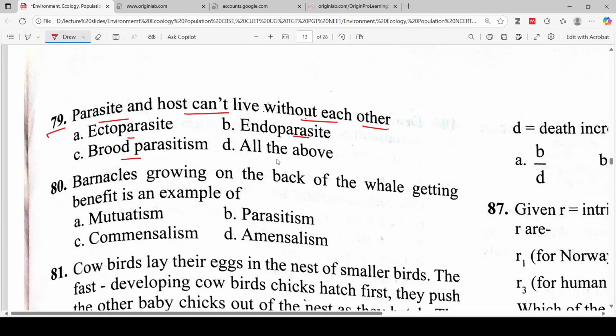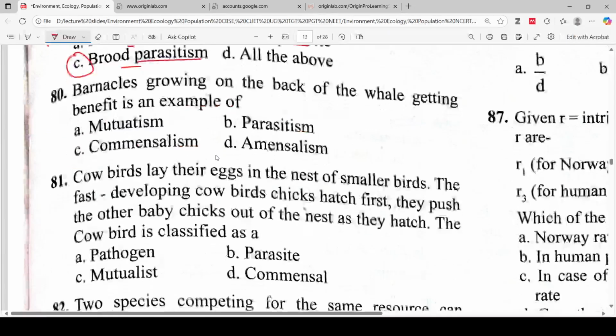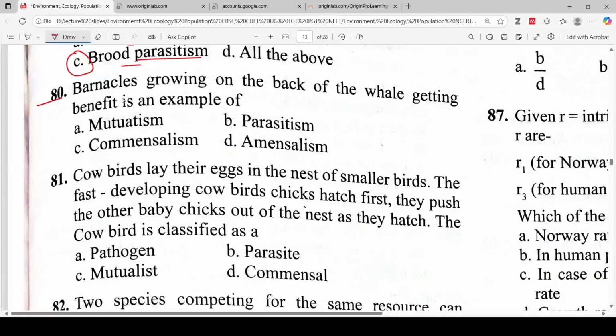So the correct answer will be brood parasitism. Next question. Barnacles growing on the back of a whale and getting benefits is an example of mutualism, parasitism, commensalism, amensalism. So the correct answer will be option C, commensalism.